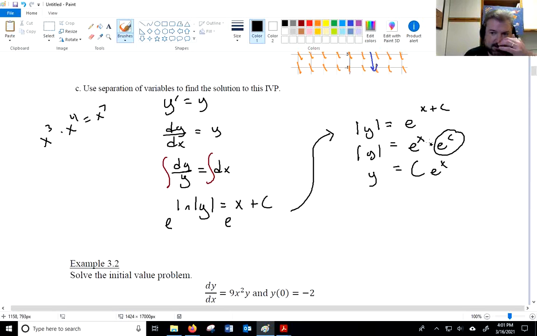So by doing that technique, it allows us to get rid of the absolute value bars, which are really nice. We were told that y of 0 is equal to negative 1, so I will simply plug in negative 1 for y and 0 for x. e to the 0 is 1, so negative 1 is C. So we have y equals negative 1 e to the x.